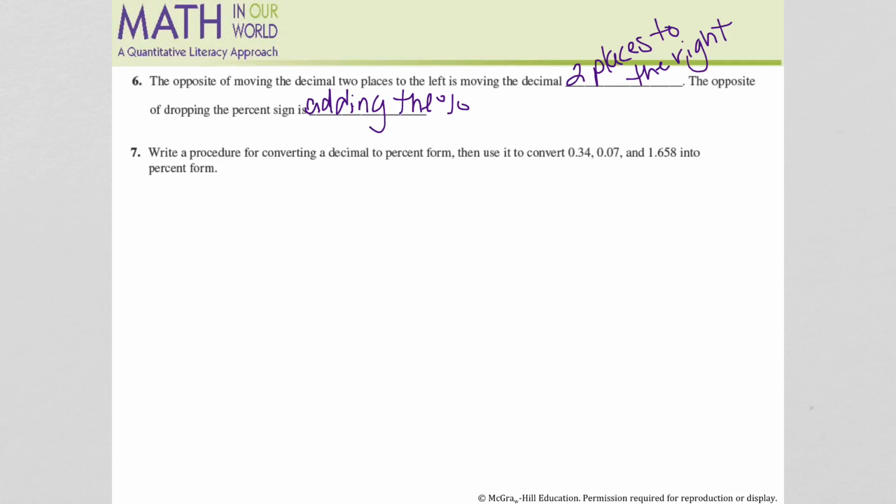So it says, write a procedure for converting a decimal to percent form and then use it to convert these. So our procedure would be to convert a decimal to percent form, move the decimal 2 places to the right, and add a percent sign.